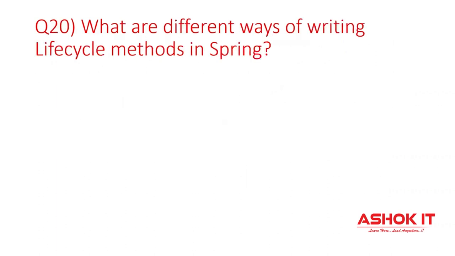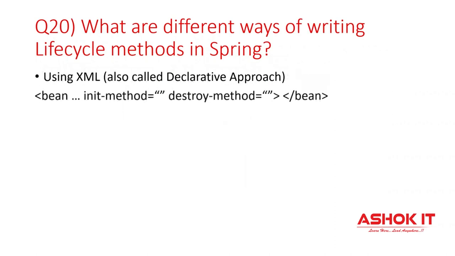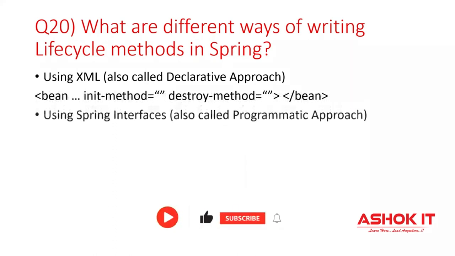So what are the different ways of writing lifecycle methods in Spring? We can write them by using XML. It is also called the declarative approach. By writing the bean tag, at the bean tag level, we can pass init-method. We need to pass that method name, whatever method name you take, and the same for destroy-method. Using Spring interfaces is also called the programmatic approach.